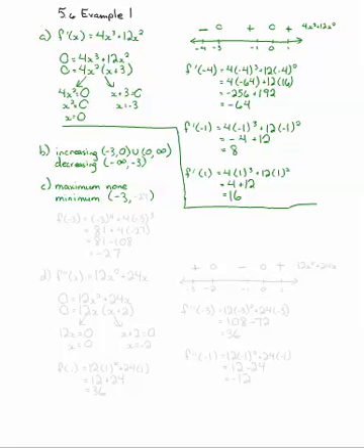Well, we need to go back to the function, plug in -3, work that out. So that minimum is going to be at -3 comma -27.